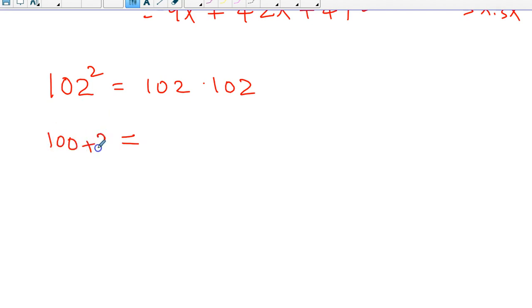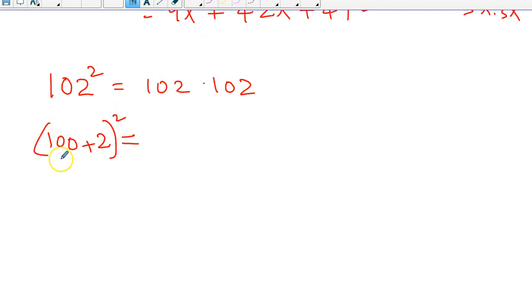And sometimes you will be asked to find what is 102 square. That is 102 times 102. Without using a calculator, you can do this problem. 102 means 100 plus 2 whole square.